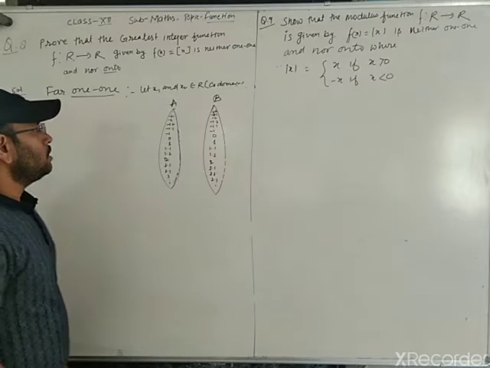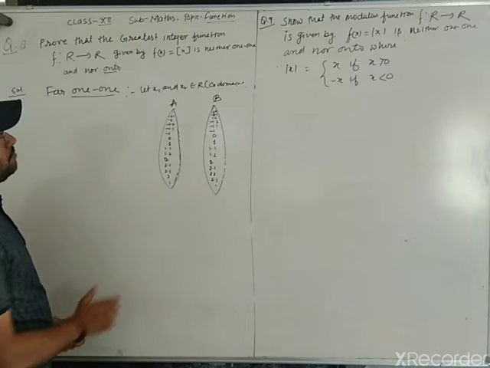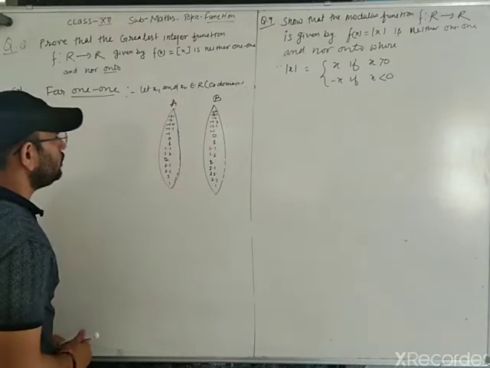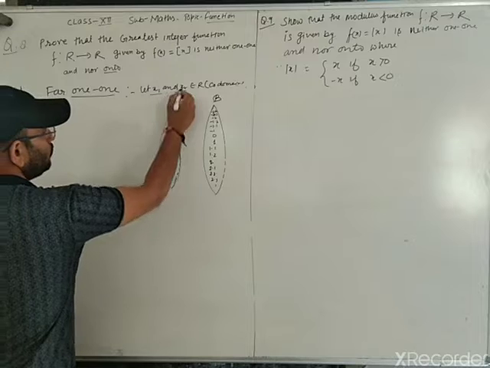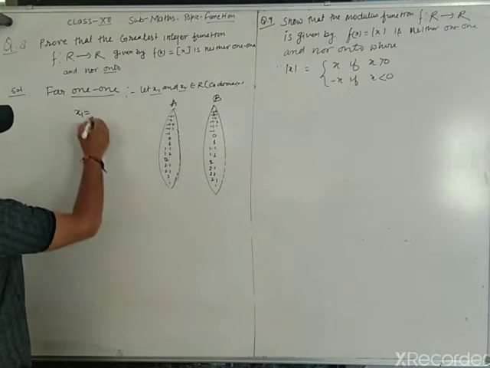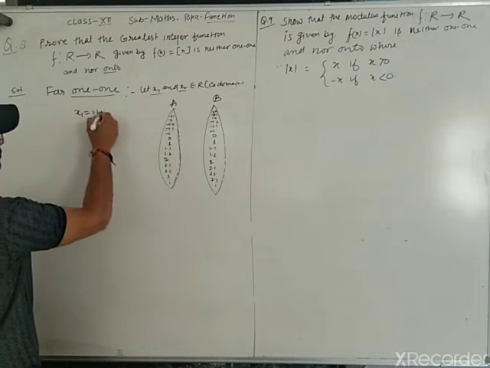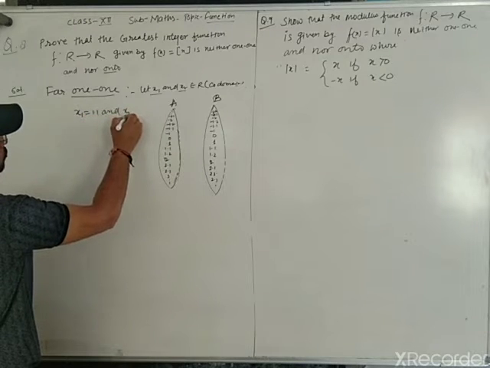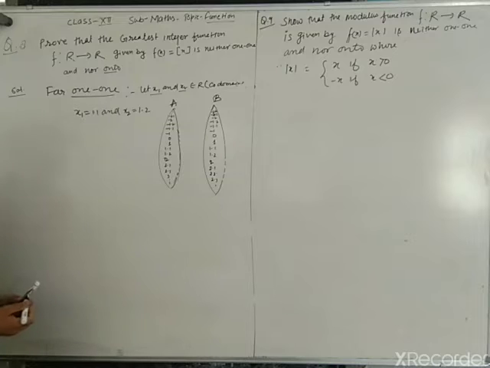Clear? So what we have to prove? We have to prove that the given function is not one-one. So we have to select two elements. So let x1 be, I am selecting from this, 1.1 and x2 I select 1.2. Clear?